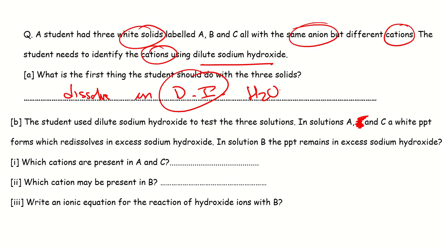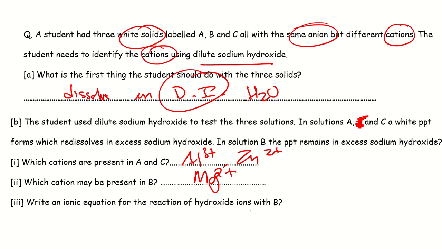So let's do that again. In solutions A and C, the white precipitate forms, which redissolves in excess sodium hydroxide. So that tells me that that is aluminium, or it is zinc 2 plus ions. And in B, the precipitate would remain, so that is magnesium 2 plus ions in there.